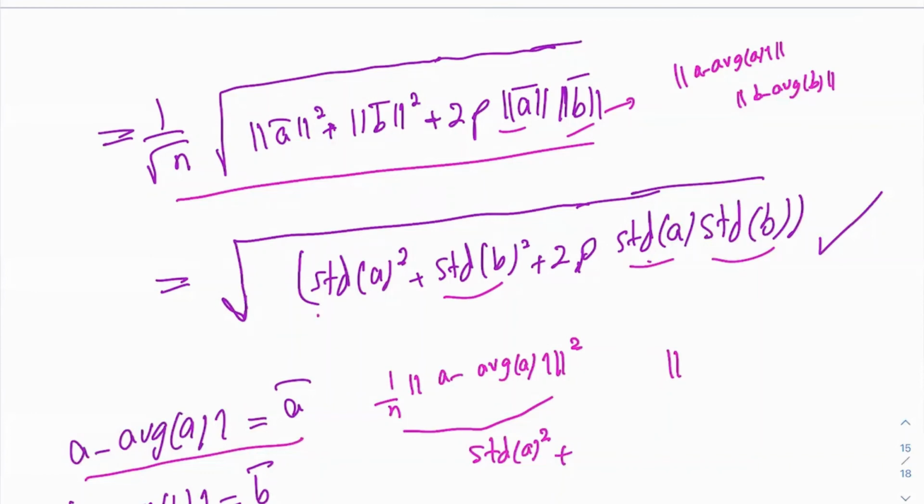But here, for example, you take this square root of n inside, so it becomes 1 over n once it goes inside the square root.